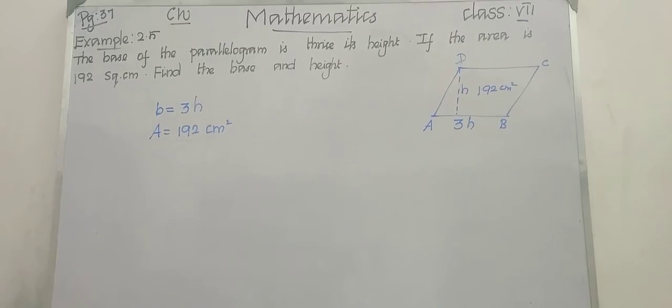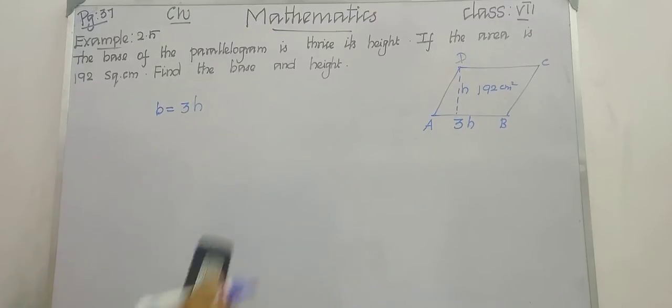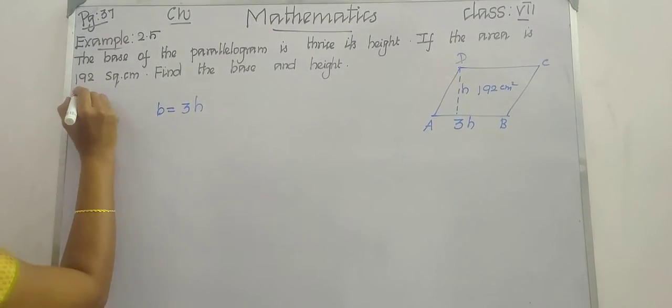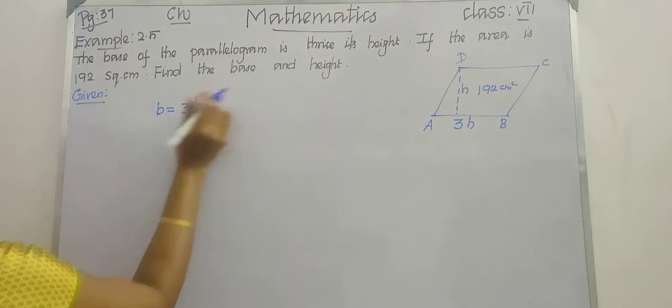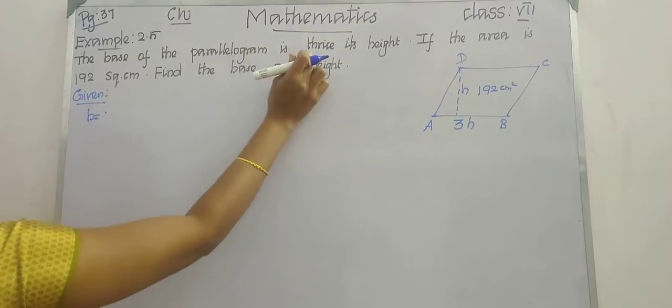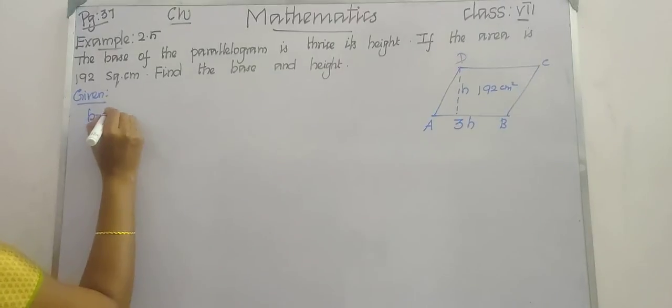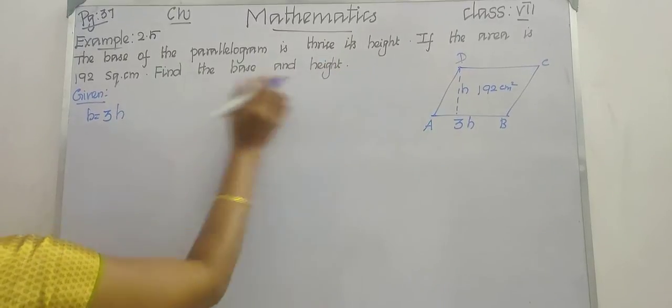So let us do. First of all, let us write the given properly. So write given. So what is given? Base. What is base? Base equal to thrice its height, right? Base equal to 3 times H. And what is the area? Area is given, right?